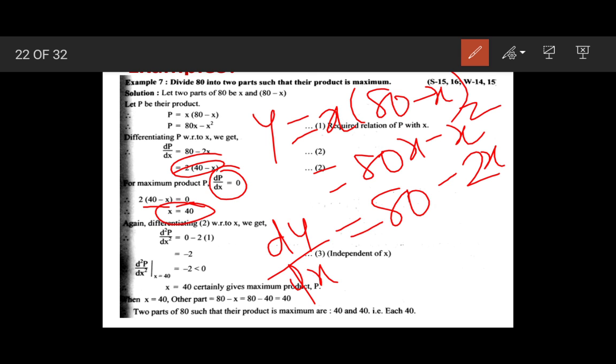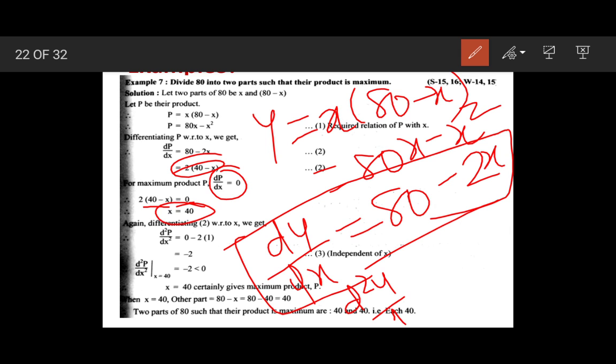Now let us find the second order derivative. So this is the first order derivative. Again I am differentiating this first order derivative with respect to x. So I will get d2y upon dx square equal to derivative of 80 is 0 minus derivative of 2x is 2. So answer is minus 2.